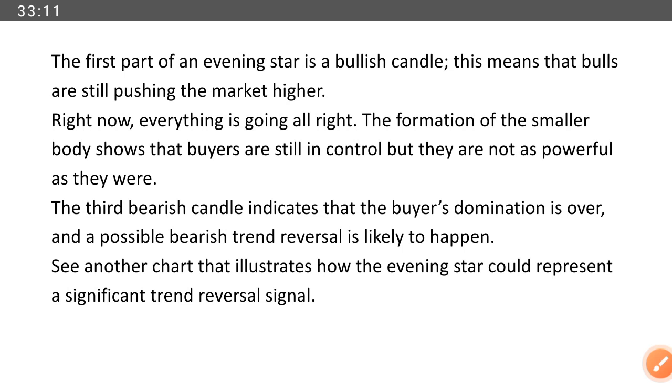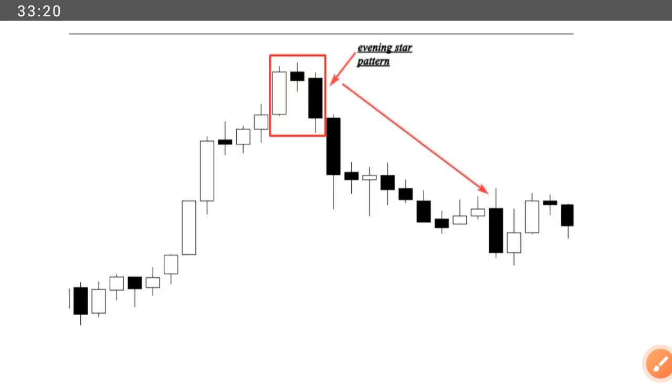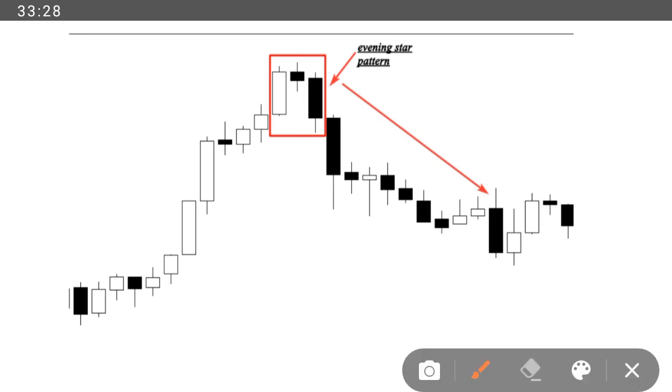See another chart that illustrates how the evening star could represent a significant trend reversal signal. Look at this chart, and see the evening star. Firstly, price was going up. Then it got to a resistance level.